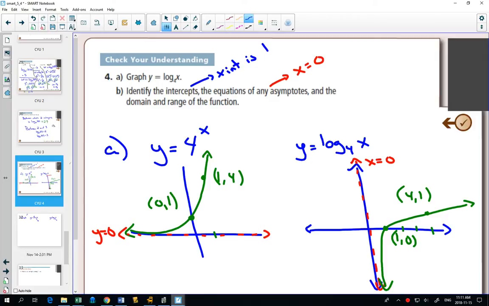The domain, x is bigger than 0, and the range is everything. Do you notice that that's sort of a switch of what we had here? Here, for this one, the domain is everything, and the range is bigger than 0. And so same thing with domain and range when you're doing inverse, the x's and the y's switch.